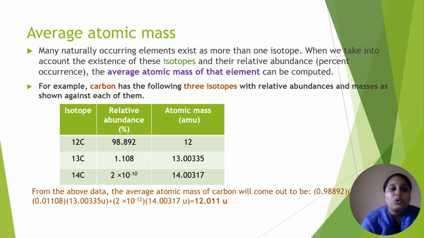For the isotope 14C, the relative abundance is 2 × 10^-10 and the atomic mass is 14.00317. From the above data, the average atomic mass of carbon comes out as follows: we multiply each relative abundance with its atomic mass and sum them together, and we get 12.011 u, which is the atomic mass of carbon.